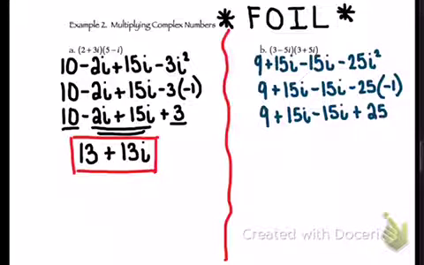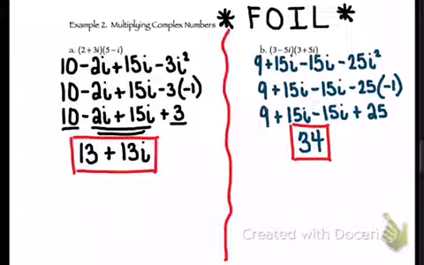Simplify that even further. Negative 25 times negative 1 is positive 25. Combine your like terms. Notice 9 plus 25 is 34. Positive 15i and negative 15i cancel each other out, so your answer is simply positive 34.